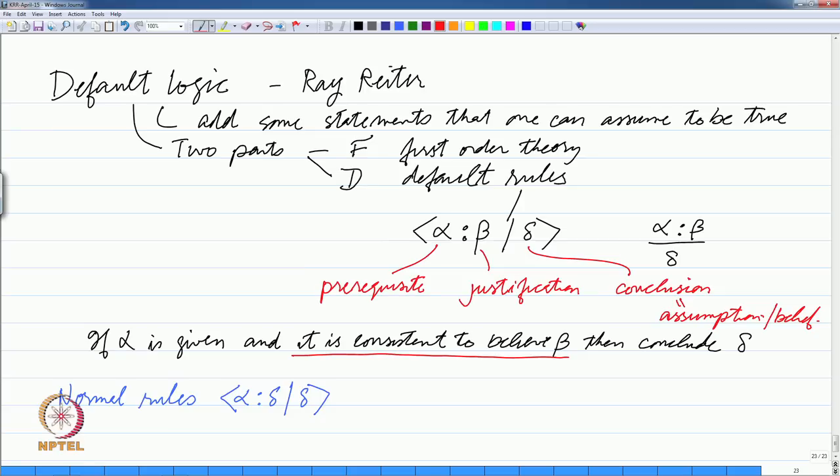An example of a normal rule is: bird Tweety, flies Tweety, then flies Tweety.